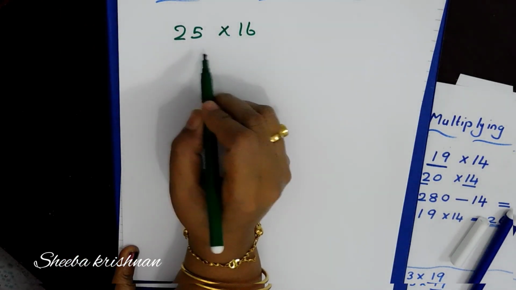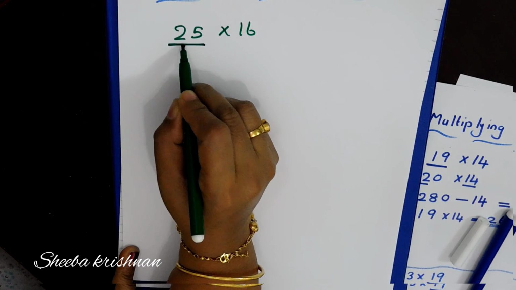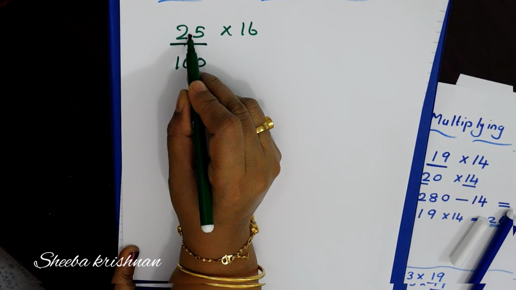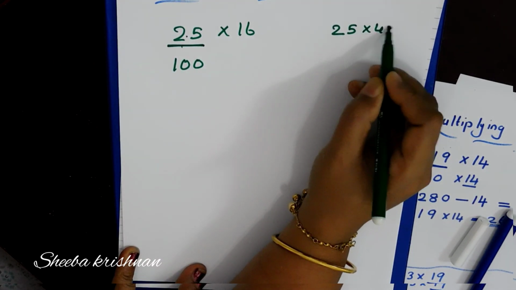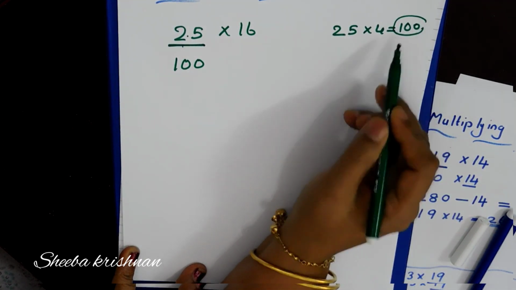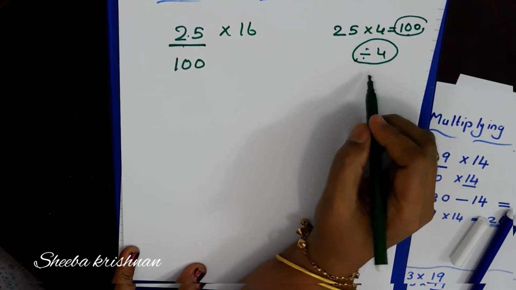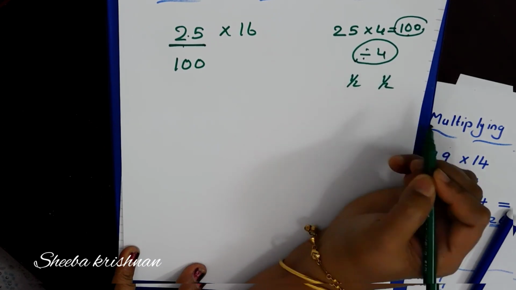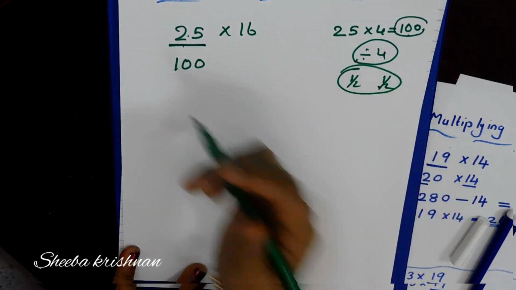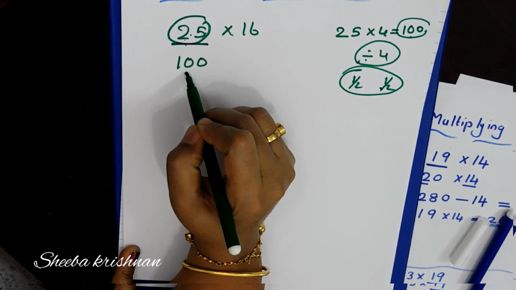Okay, so here what we will do, instead of multiplying by 25, we will multiply this number by 100. We know 4 times 25 is 100. So first we will multiply this number by 100, then we will divide that number by 4. Dividing a number by 4 means we will take the half, and again take its half.